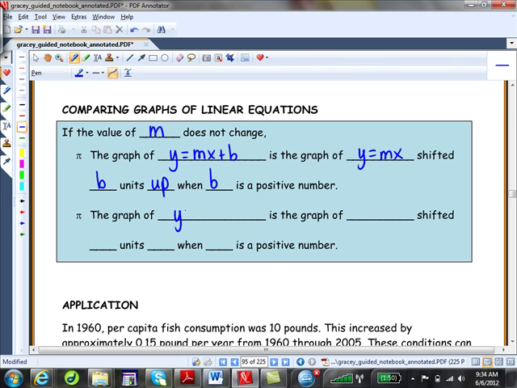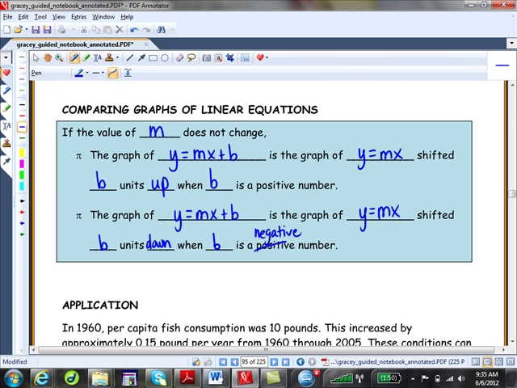Now, the graph of y equals mx plus b is the graph of y equals mx shifted b units down when b is a, oh, I apologize, we need to change this to negative number. So make sure you change that in your workbook.